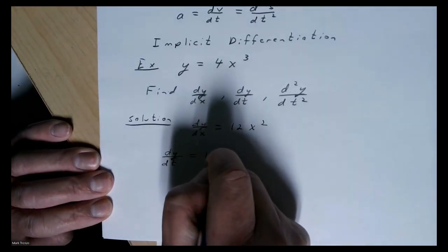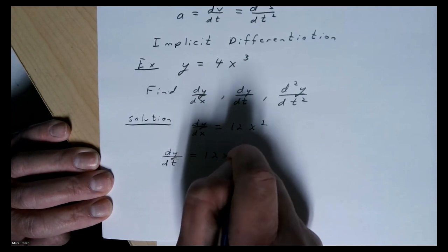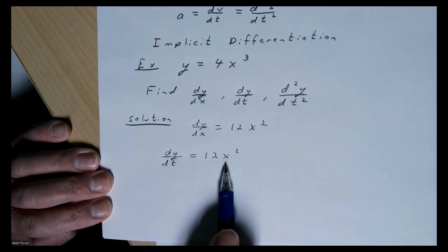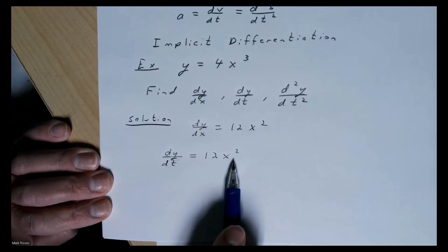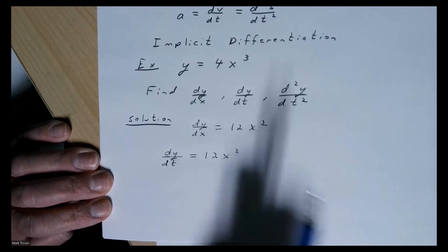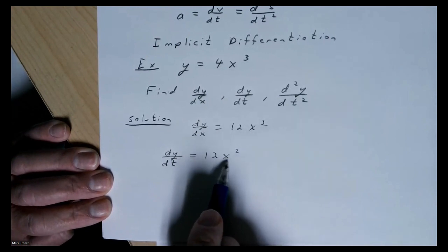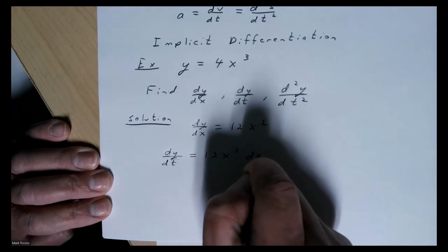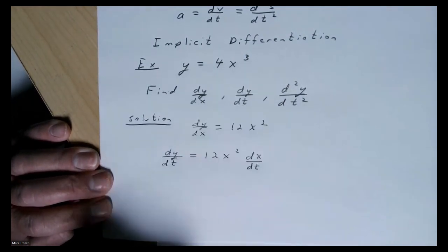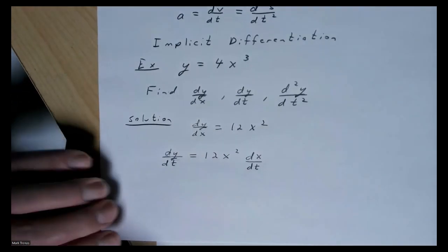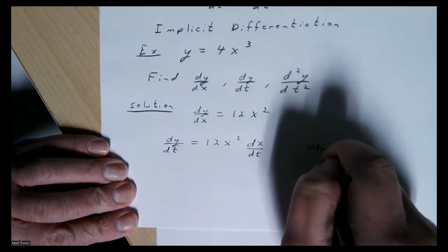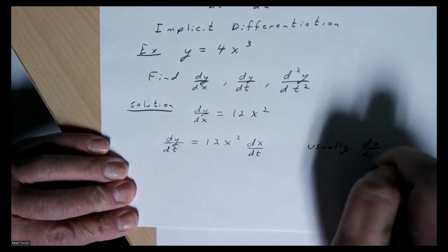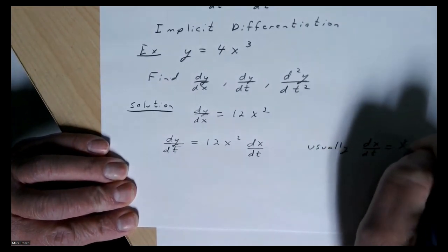So this would be 12x squared. But remember, we're assuming when we do this that x is a function of t. So there's a function of t buried in here. So we have to take the derivative of that, but we don't know what that function is. So we just have to use dx/dt. Now, again, usually we're going to call dx/dt x dot.